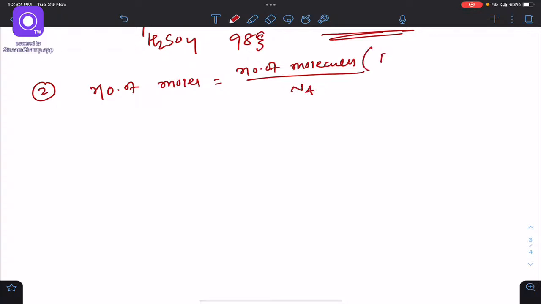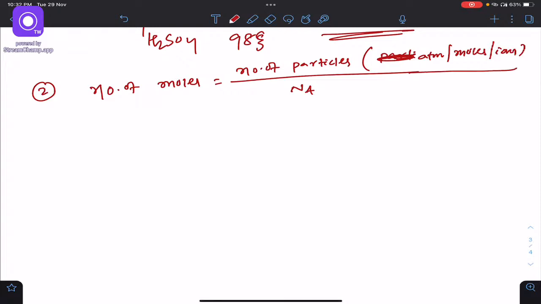Number of molecules may be particles, maybe atoms, maybe molecules, maybe ions.